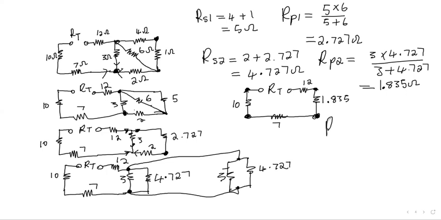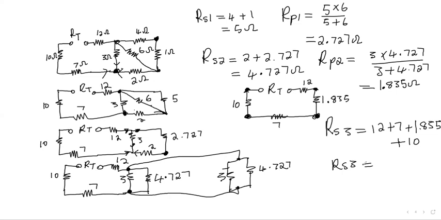So it's RS3, which is going to be 12 plus 7 plus 1.835 plus 10.